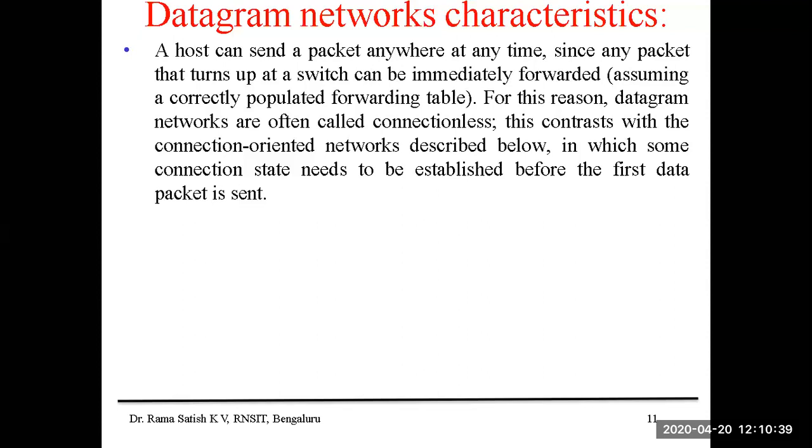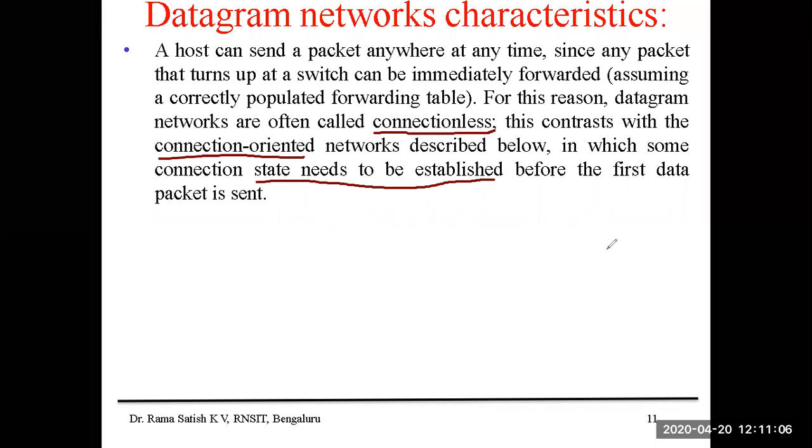This contrasts with the connection-oriented network. What happens in a connection-oriented network? It needs to establish a connection. That is one very important thing. Whereas in the datagram type, there is no connection.